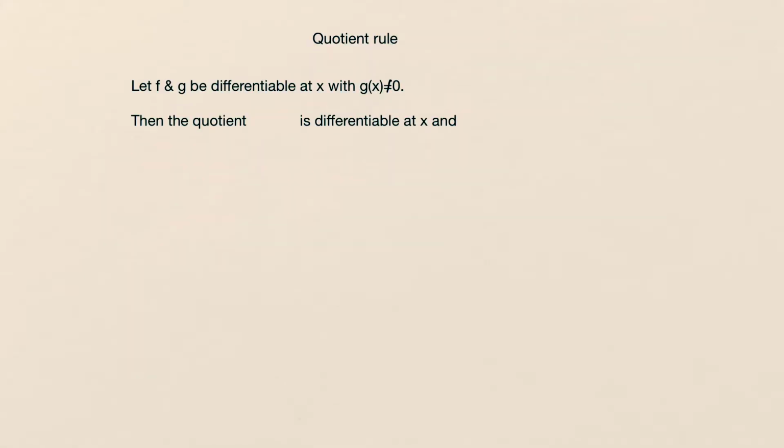Okay, so now we're moving on to the quotient rule. We're going to have f and g again, two functions which are differentiable at x, but this time g(x) is not equal to 0.